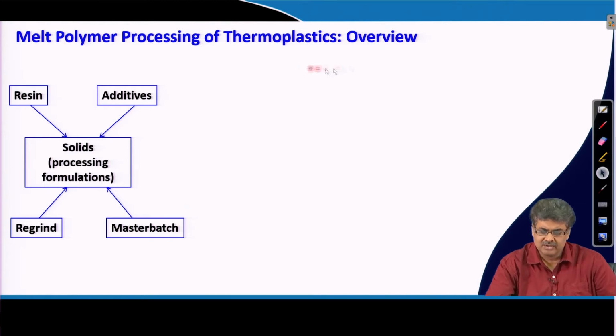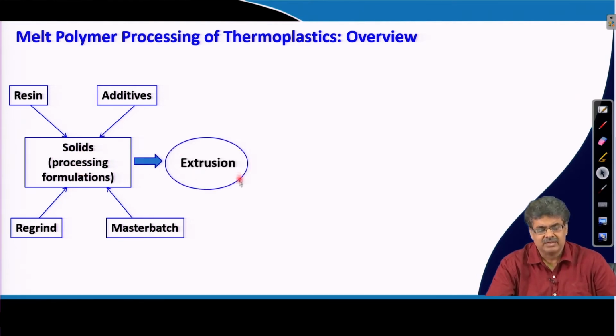So, in processing of thermoplastics, the first step is we basically mix the polymer and then add different types of additives. We can regrind or we can make a master batch of additives and add it here, and we mix it in this step, and then we take it to the next step.